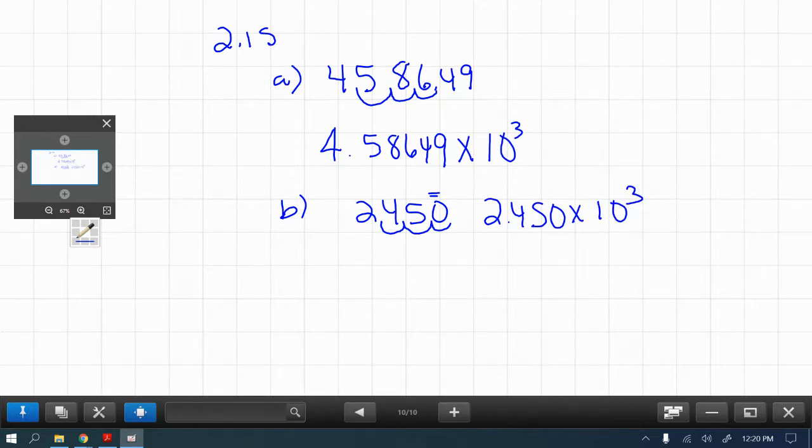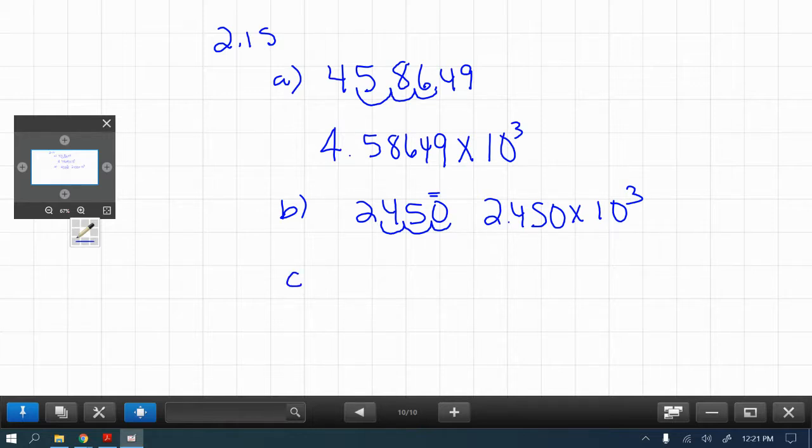If you had 2.45 times 10 to the third, it really should be 2.450, because trailing zeros count for significant figures, as it wants the value in powers of 10 to the correct significant figures. So I would assume 2450 is 4 significant digits, so that's how I would write that one.